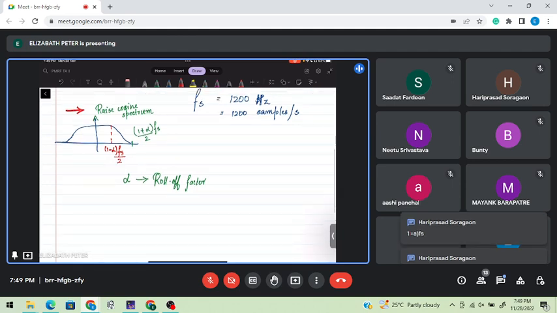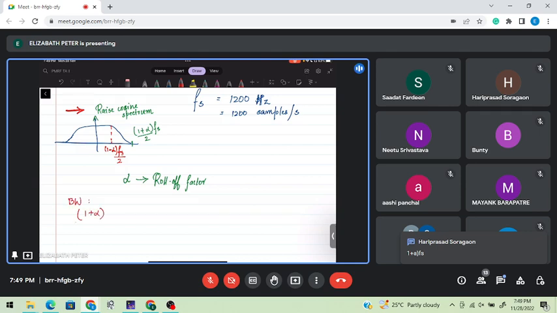Since it's a low pass signal, its bandwidth is (1 plus alpha) by 2 times fs. Let me frame the question in a different way. What is the maximum frequency component in the signal? It is (1 plus alpha) by 2 times fs, right?